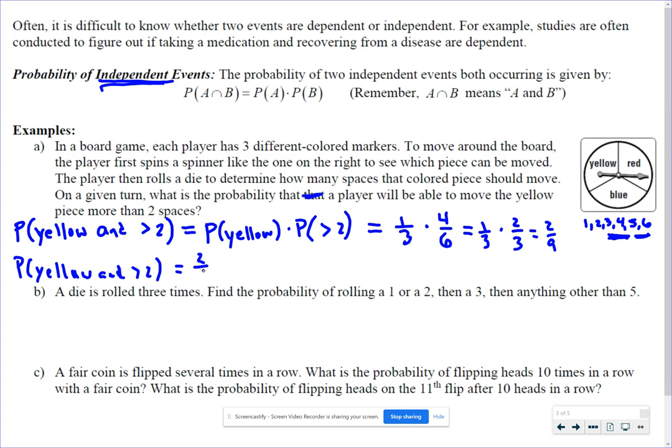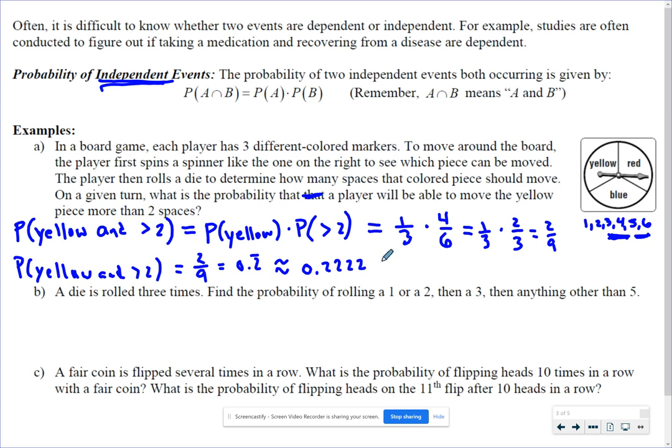Now we're going to practice writing this as a decimal as well. If we grab our calculator and do 2 divided by 9, we can change it to a decimal. That's a repeating 2, so it's 0.2 with the bar over the top, or we round it to, let's say, the nearest thousandth, 0.222.